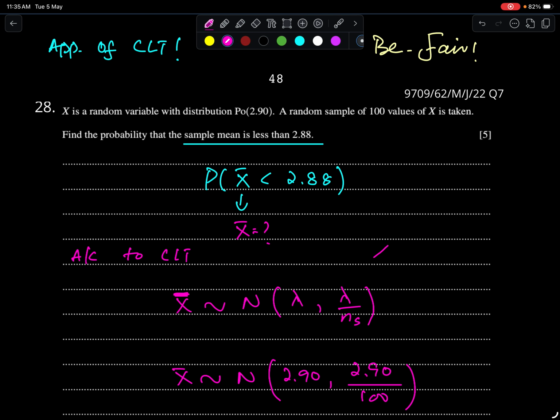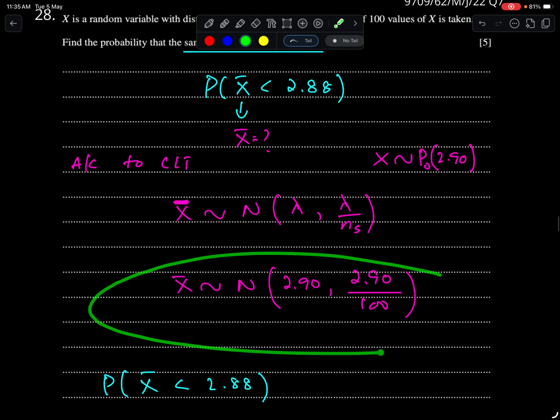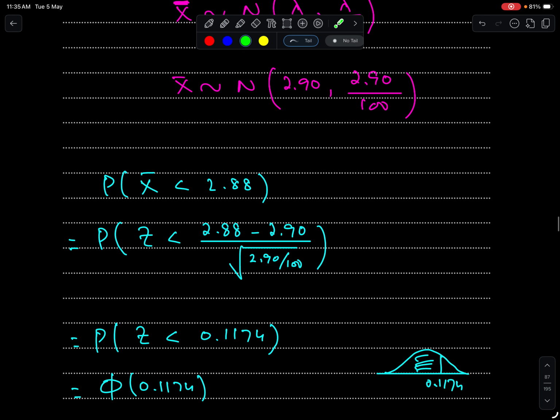The population is Poisson. This is the population. But since the sample size is large, apply CLT. X bar is normal with mean lambda and variance lambda over n. This is CLT. Now get this probability. This is here and the square root of this is here.